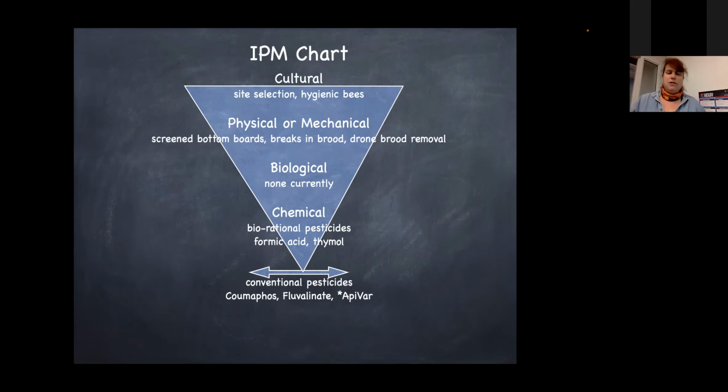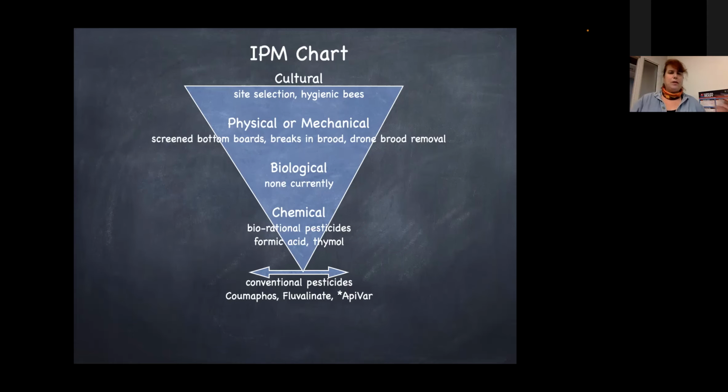And then conventional pesticides. So you see that Amitraz, which I do use in my hive, is considered a conventional pesticide. But the formic acid and the thymol are considered biorational. And if you kept certified naturally grown bees, you would only use formic acid and thymol.